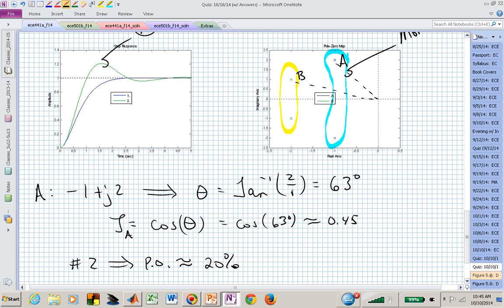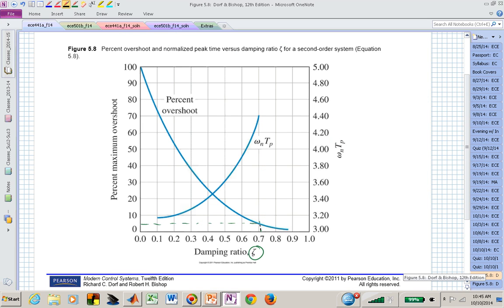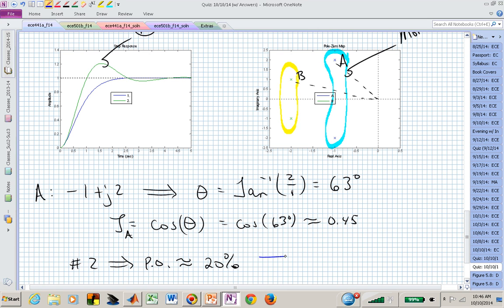A percent overshoot of 20% over here on our figure 5.7, we would now say, we need to go over to this curve that's giving us our percent overshoot zeta relationship, find where that now intersects 20 and go down, and it looks like we would have a zeta value of about 0.45. So this now says we have a zeta value of about 0.45.